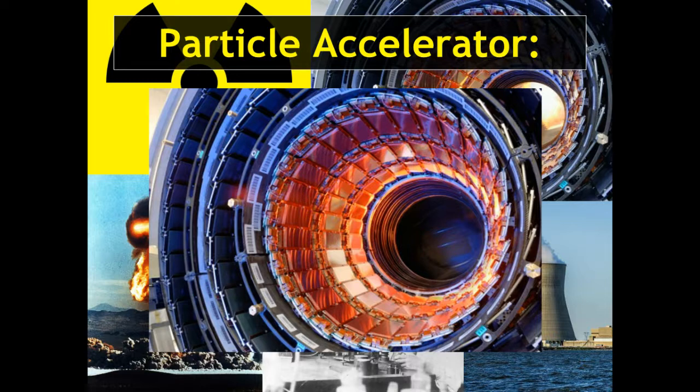Here is a particle accelerator. Magnets are used to fling particles through these tubes that you can see here. And they go really, really fast and slam into an atom of our choice that we have put in the pathway of those particles.